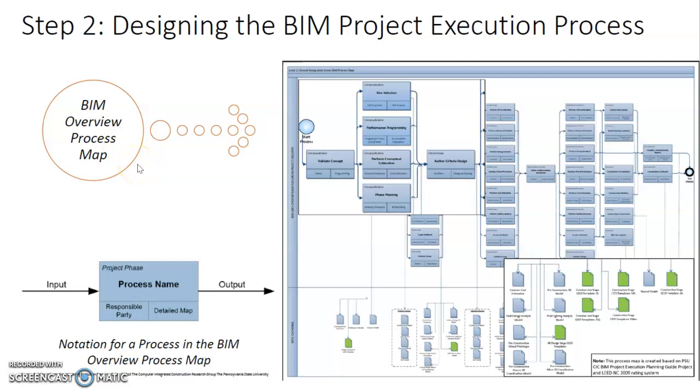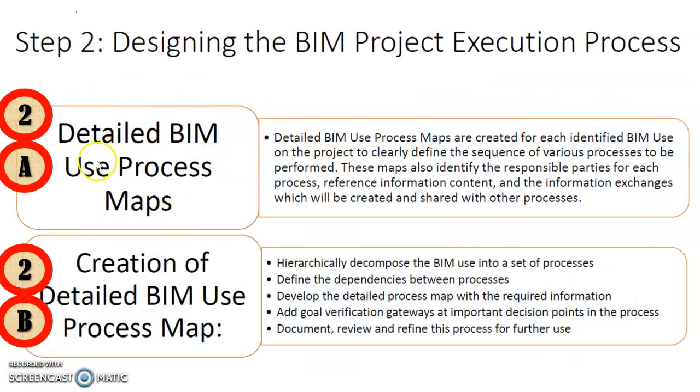Then you go on to the second stage in this step 2, which is to come out with a detailed BIM use process map. Detailed BIM use process maps are created for each identified BIM use on the project to clearly define the sequence of various processes to be performed. These maps also identify the responsible parties for each process, the reference information content, and the information exchanges which will be created and shared with the other processes.